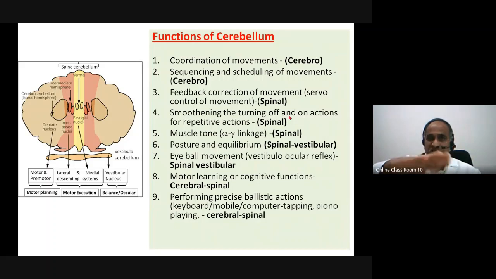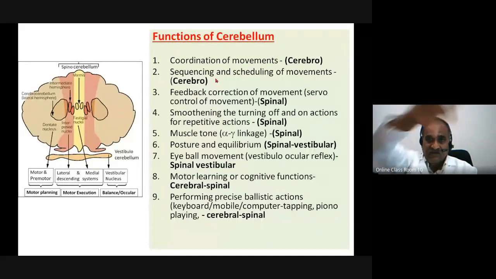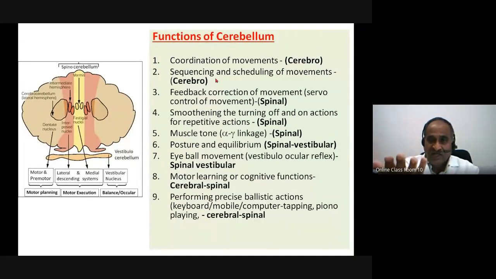Though it appears very simple for all of us when we are healthy, so many structures are involved, and to do these things you need to have the coordination and sequencing. Otherwise it will not happen so smoothly, and the person may not be able to perform, or may perform very badly. Look at that aspect.